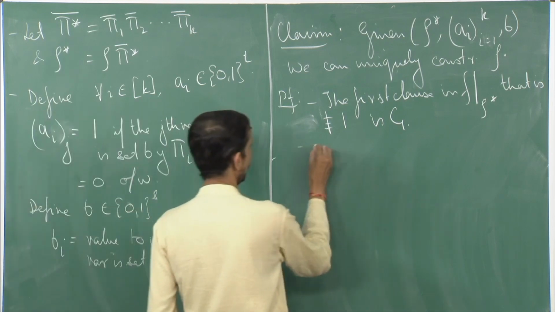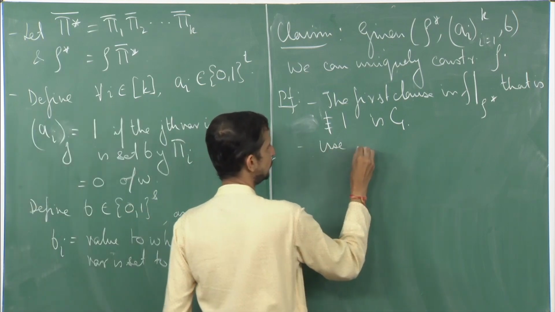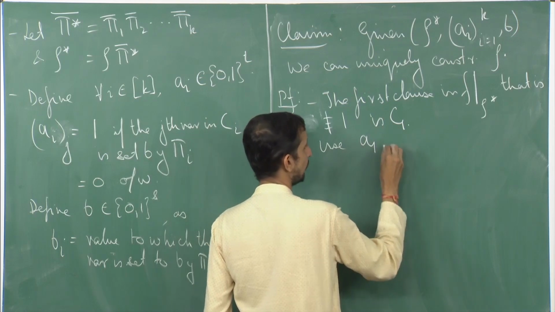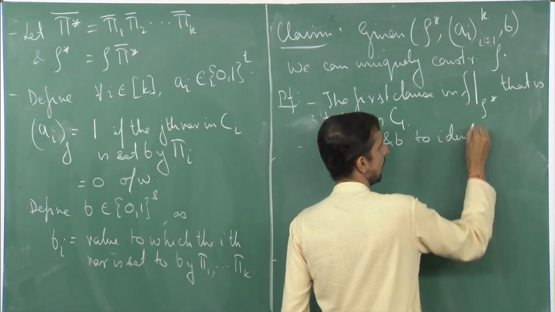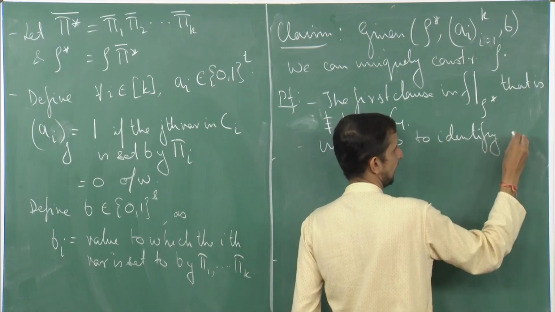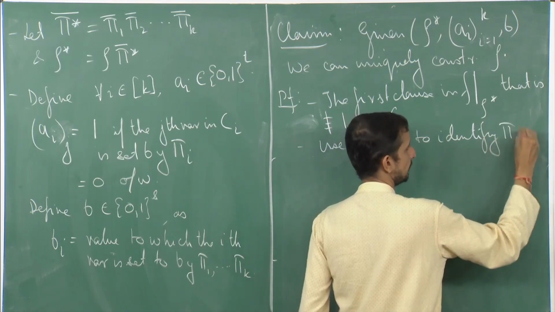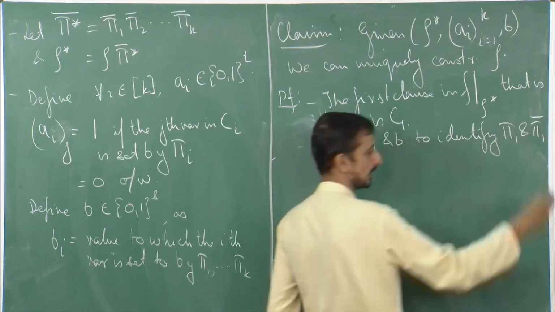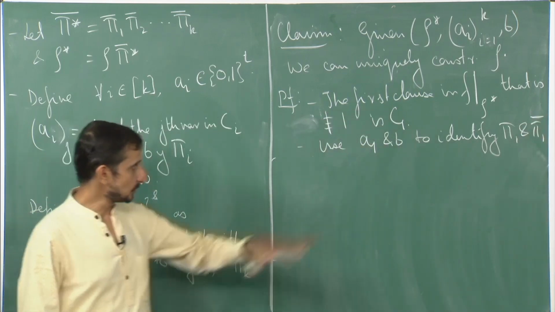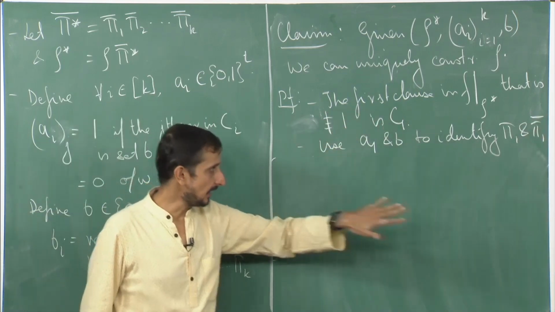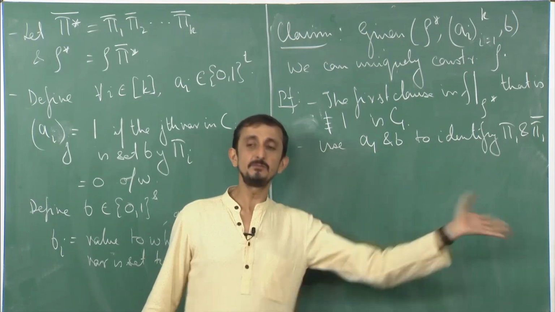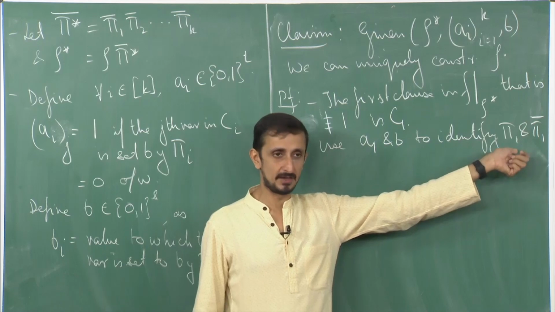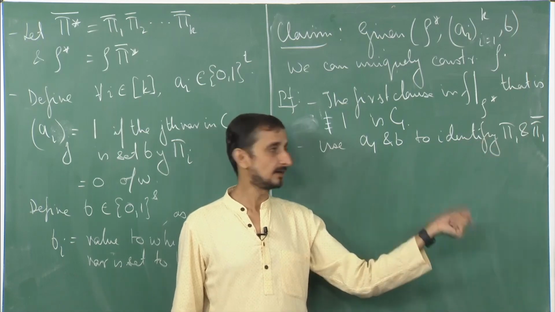Now, we use A_1 and B to identify pi_1 and pi_1 bar. How do we get it? So, I have C_1, I look at A_1 first. A_1 will tell me exactly which are the variables which were set by pi_1, I know what those variables are.